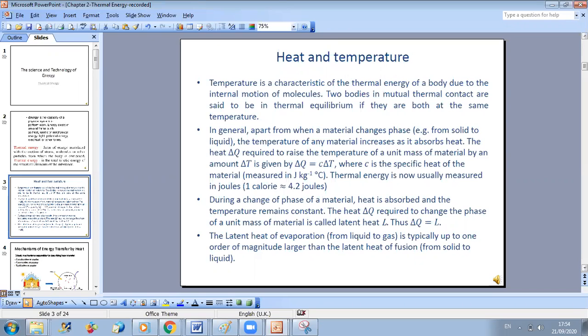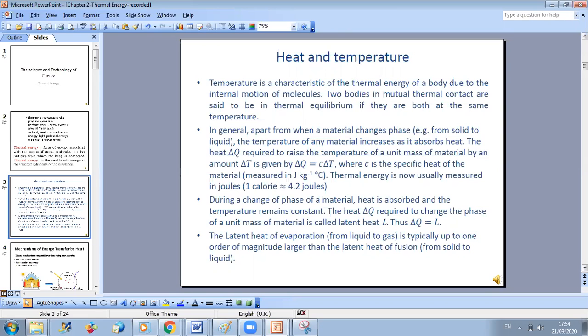Now, in general, the only exception is when a material changes phase. Okay, in general, when we have heat transfer, the temperature of the material will increase as it absorbs heat. But for the only exception of phase change, and we will see in detail how to do the calculation for both cases, in case you have a phase change, your material can absorb heat but will maintain a constant temperature.